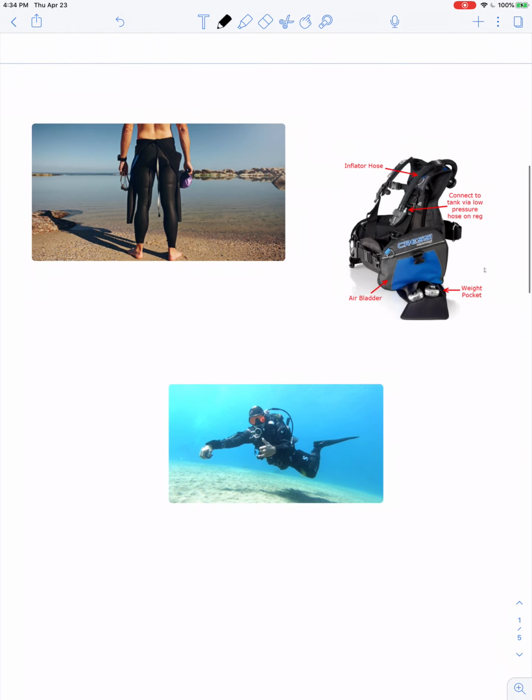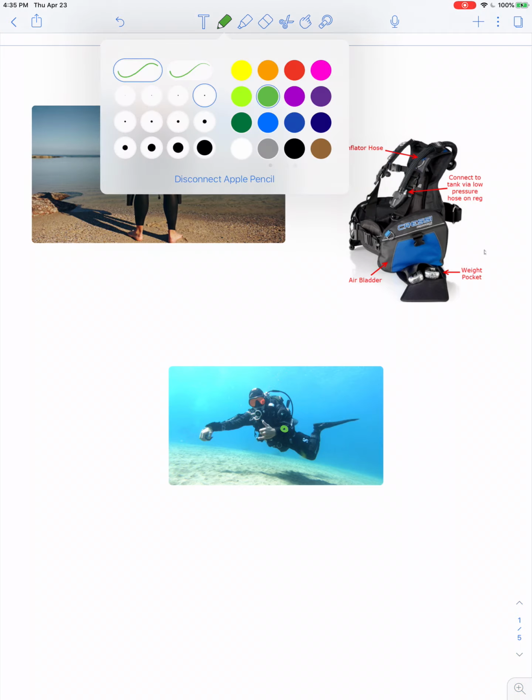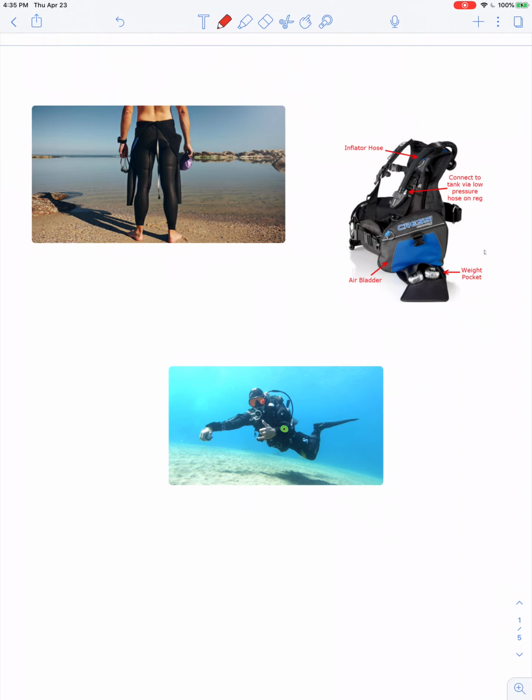Similar concept. When it comes to a scuba diver, we can make a free body diagram again, right? Let's see. Let's draw in the weight vector, mg, and we'll draw in the buoyant force. Now, if the two are equal, then we say that the scuba diver is neutrally buoyant.